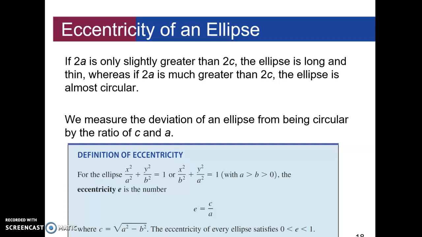So all we have to do is find the ratio of C to A, and remember, C squared is equal to A squared minus B squared, so therefore C is equal to the square root of A squared minus B squared. Your eccentricity will always be a number between 0 and 1.